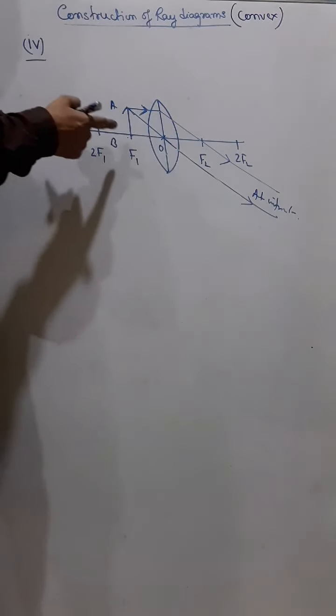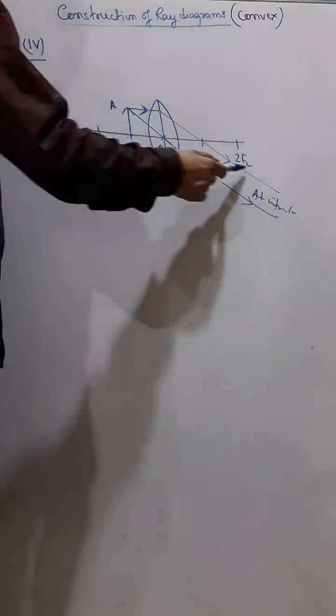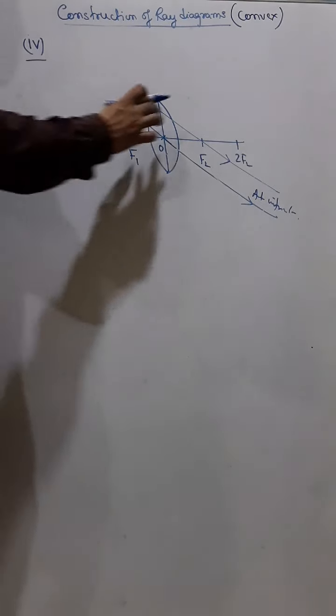So the position of the object is at focus, and the position of the image is at infinity. The characteristics are again real, inverted, and highly magnified, because the image is at infinity, so the image is naturally very big. And what is the use of this? To obtain a parallel beam of light.